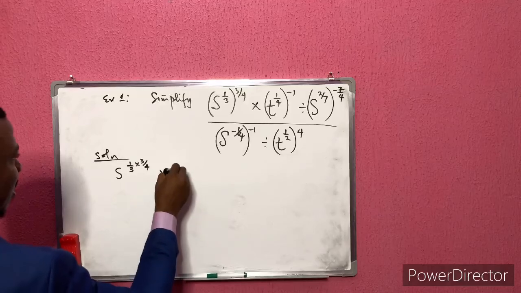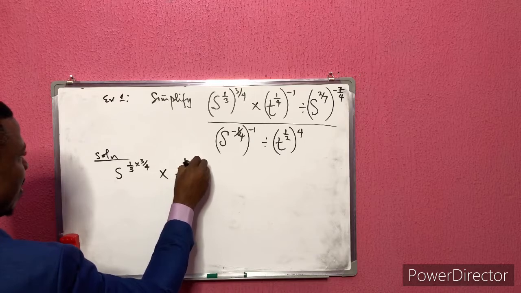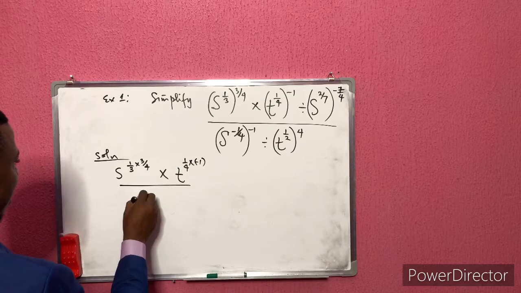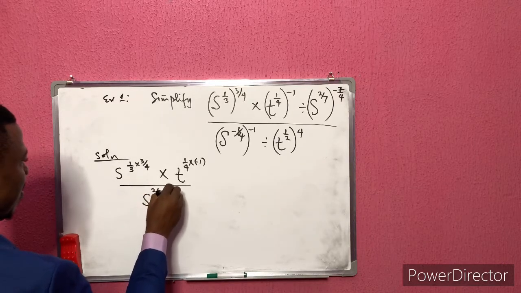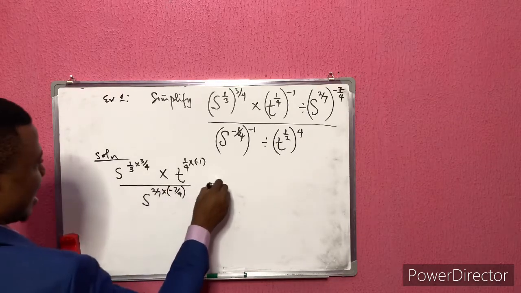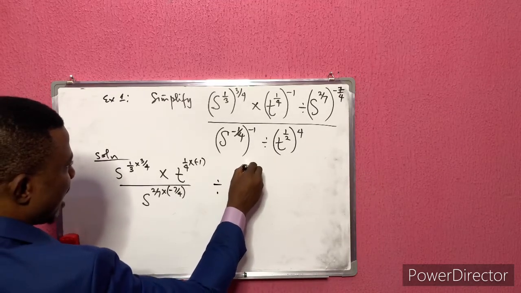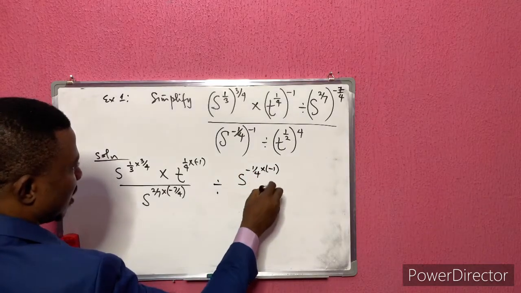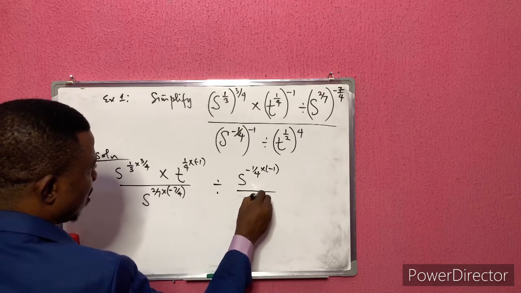Multiply. t power 1 over 4 multiplied by minus 1, divided by x power 2 over 7 multiplied by minus 7 over 4, divided by the denominator x minus 1 over 4 multiplied by bracket 1 all over t 1 over 2 multiplied by 4.